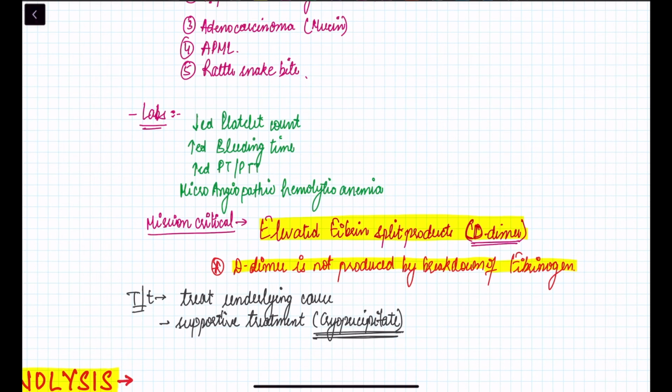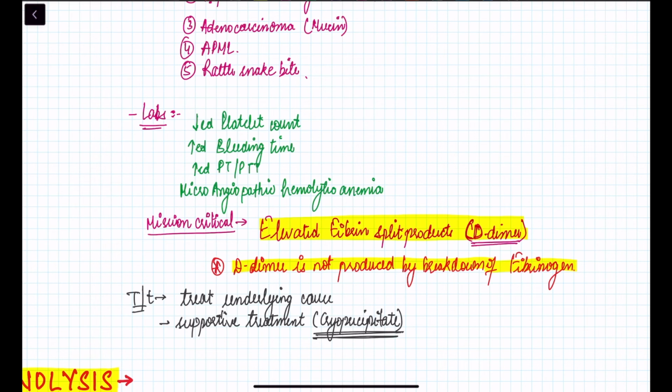And the most important thing in these patients is elevated fibrin split products, which are D-dimers. And please remember, D-dimer is very specific for fibrin split products. Fibrinogen split products will not be considered as D-dimers, and we'll see in the text further on, in the subsequent lecture, that there are increased fibrinogen split products, but that is not D-dimer.